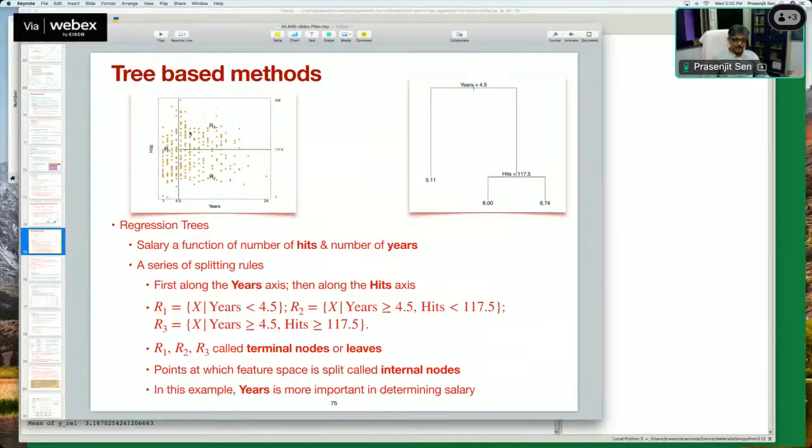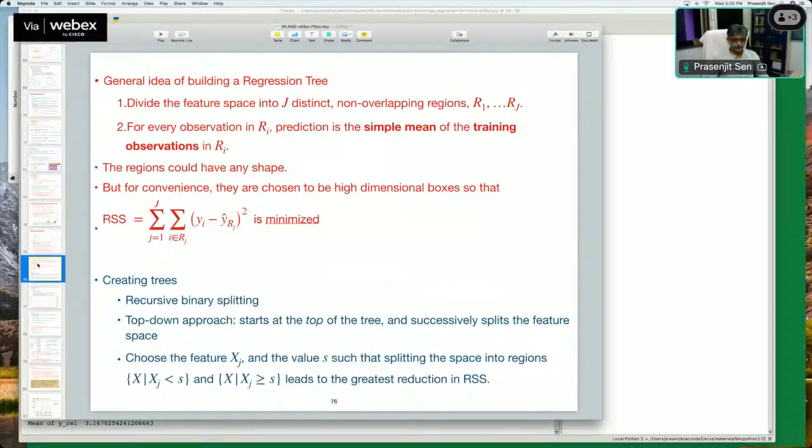Then this region is further divided by splitting along the other axis, one part at the top, one at the bottom. But when it hits this line, you stop. You don't go beyond it. You do a similar thing in a multi-dimensional space, and this is called recursive binary splitting.